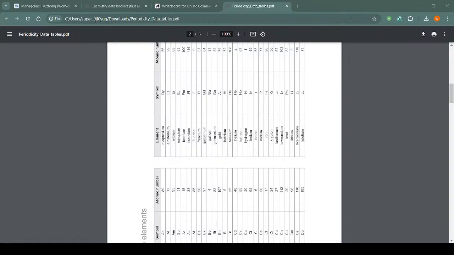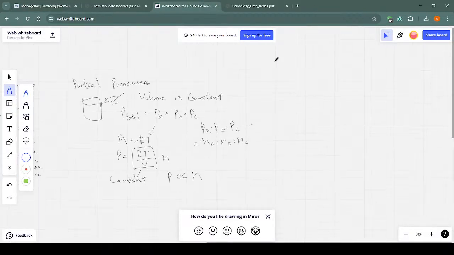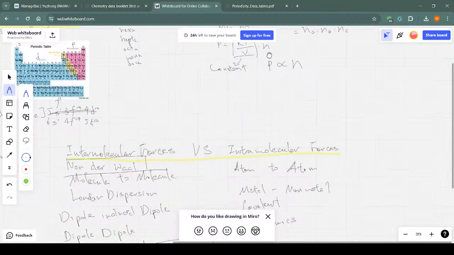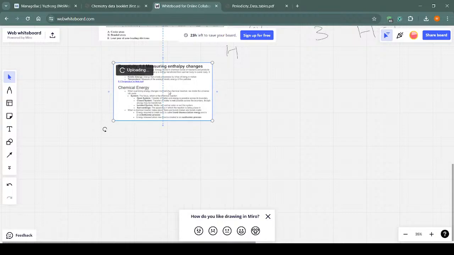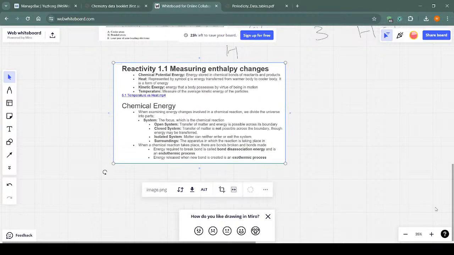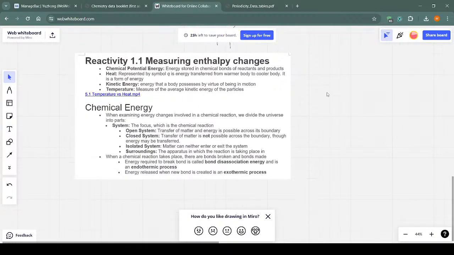We get solubility? Oh, okay. Chemical energy. Measuring enthalpy changes: chemical potential energy, heat, kinetic energy, temperature.